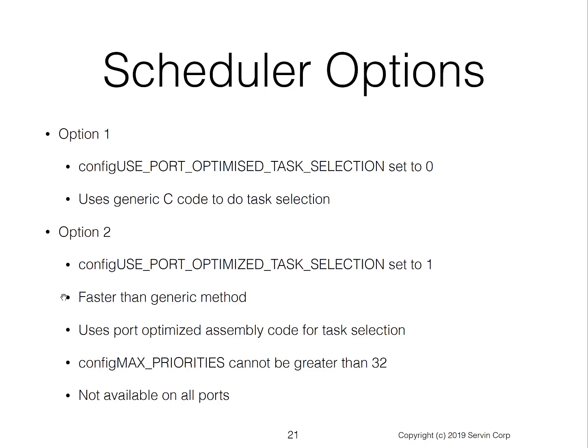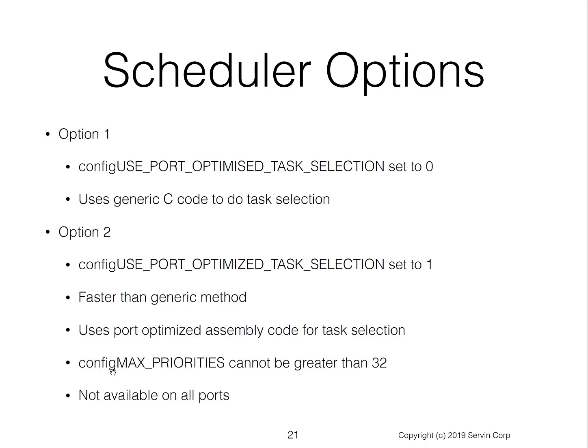This is actually faster than the generic method. And the downside of this is it uses port optimized assembly code. The downside is it's harder for you to follow and understand assembly code, although certainly not impossible. And of course the good thing is it is highly optimized for this particular port, and it will make it the fastest way to pick the next task to run.